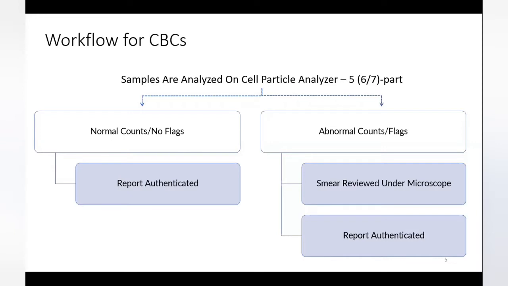But like every other automated instrument that analyzes samples for you, you have to understand how it works, you have to understand its limitations, you have to understand the clinical context for the patient, etc. So when we see abnormal counts or flags, as per the slide review criteria that we have developed for our lab, whether it is through some kind of an international guideline based criteria or a lab derived criteria, we set up rules and we decide to make and review smears under the microscope, and then we authenticate the report based on what we see.